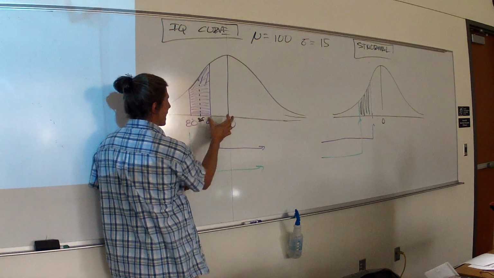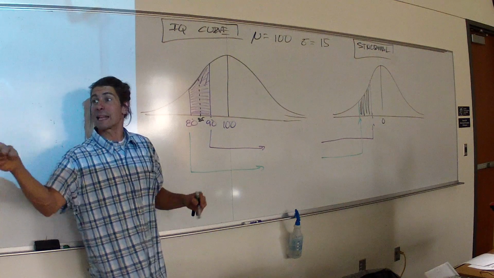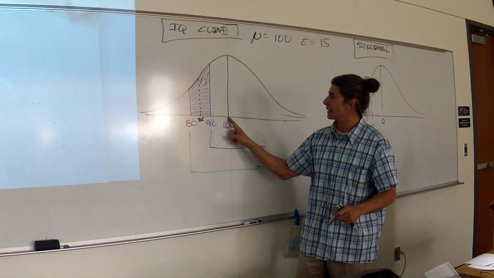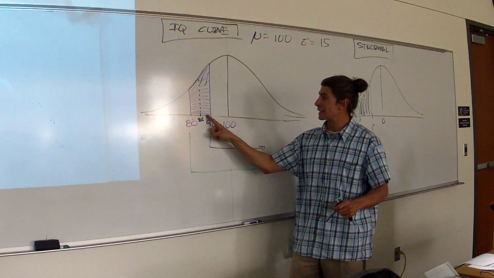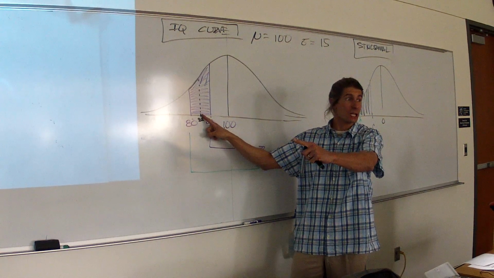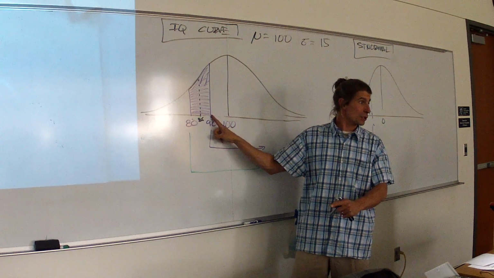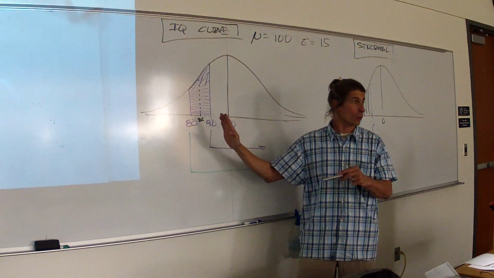Okay. This distance is 10. I didn't draw completely to scale because I'm not much of an artist. It looks like the midpoint, but it's not the midpoint, is it? This distance here is 10. Right. This distance is 5. So if this is one complete standard deviation of 15 down, this is actually 2/3 down from the average. So this z-score has to actually be 2/3 from 0.